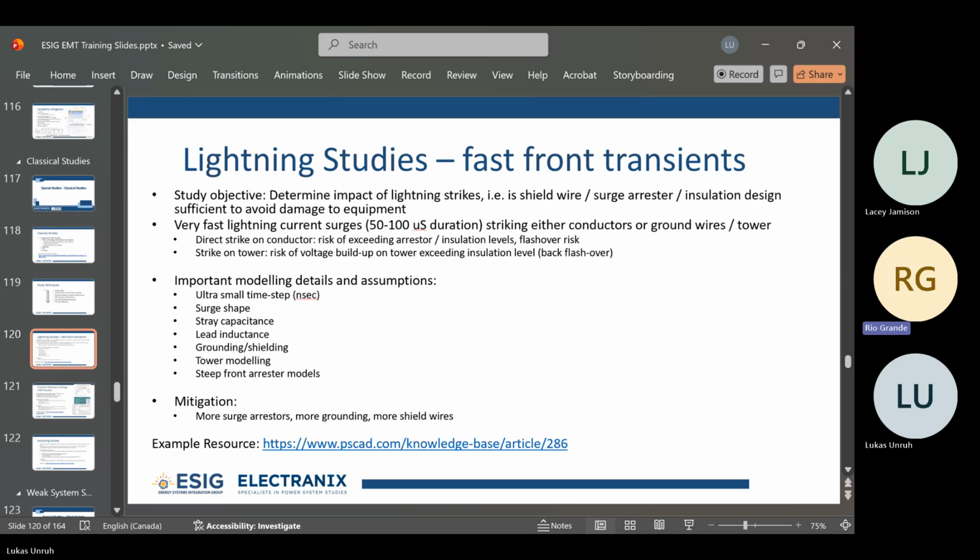When we think of a transformer, there's not a capacitor on it, but there are some small capacitances, which we call the stray capacitance. That's always there for any transformer, breaker, disconnect, or surge arrester. All of these things are going to have some amount of stray capacitance, and when you're looking at these studies in a lot of detail, all of these things can really start to make a difference.